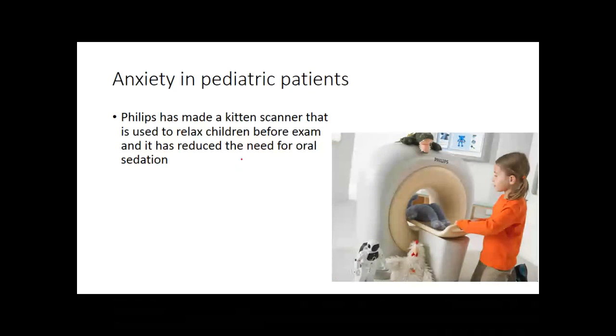In pediatric patients, Philips has a playable scanner. It's called the kitten scanner, and it is set in the waiting area for children to play around. When they applied it, it reduced the amount of oral sedation that was given to the patients. The child will be encouraged to try the procedure without fear and without the need of sedation. This is something to think about.